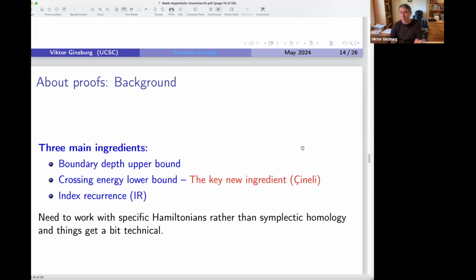And there is a technical complication here: for technical reasons, we cannot really work with symplectic homology. We have to work with specific Hamiltonians.